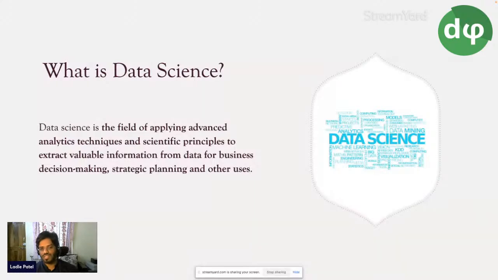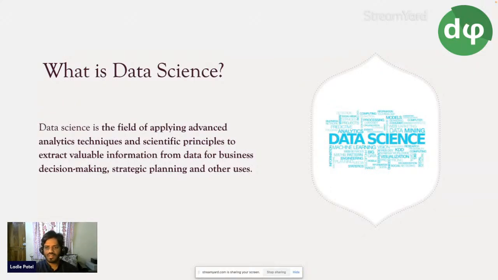You have a bunch of data sets, and you extract some information from that raw data to make a better decision, right? So leadership teams like CEOs, CFOs, chief technology officers, AVPs, they take business decisions. On what basis do they take business decisions? Based on the data set, right? Based on what past data has told us.